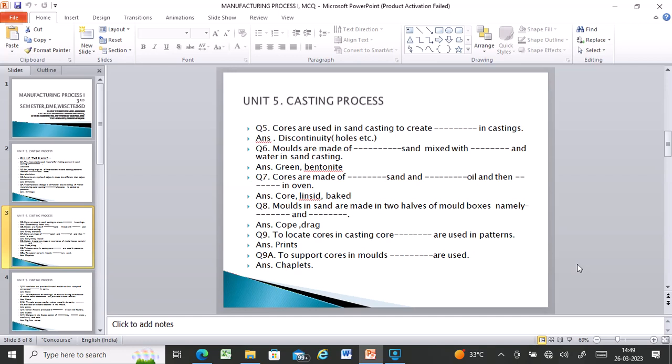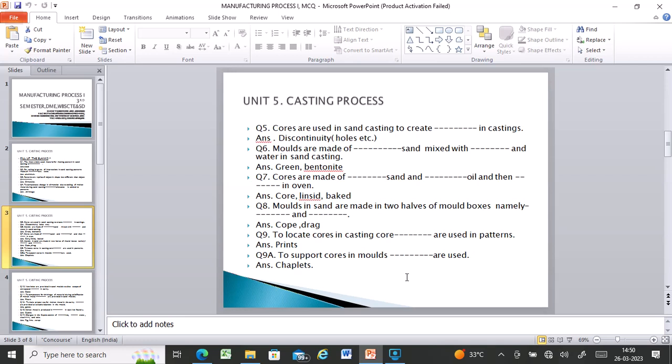Answer: green and bentonite. Question 7. Cores are made of dash sand and dash oil and then dash in an oven. The answers are core sand, linseed oil, and baked in an oven.